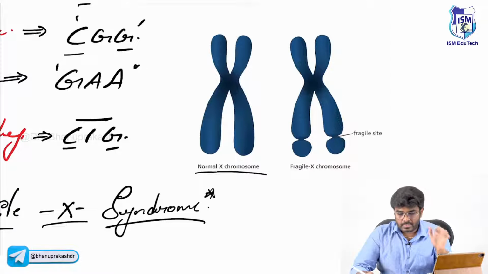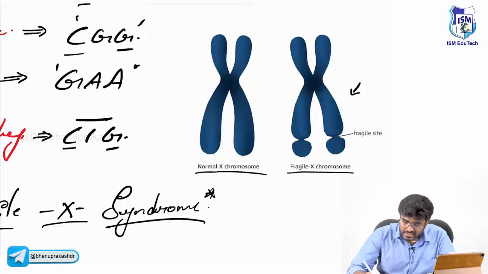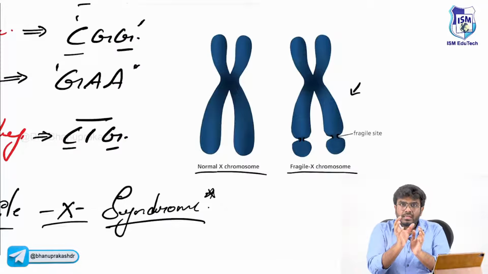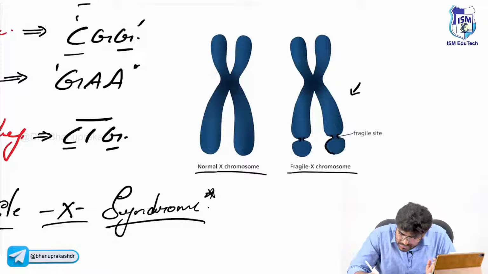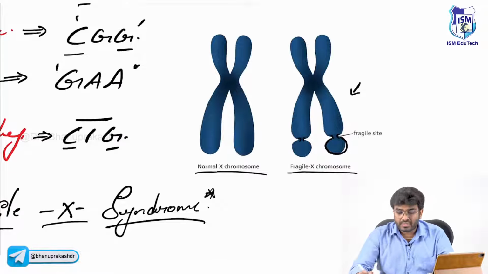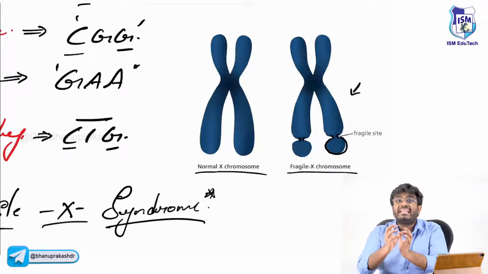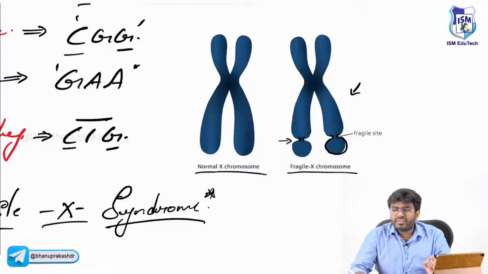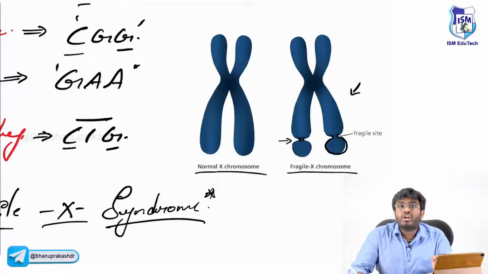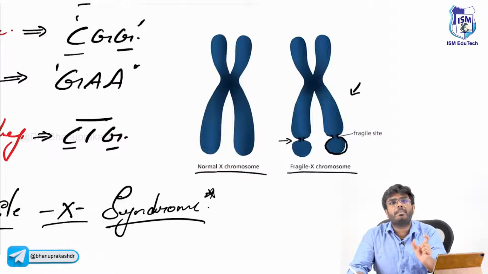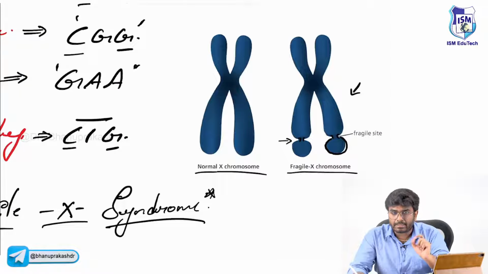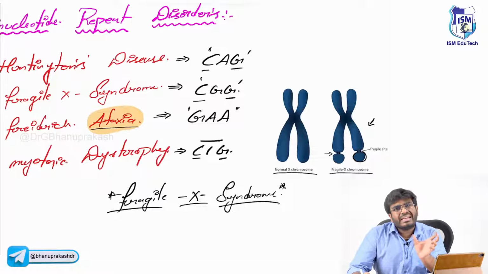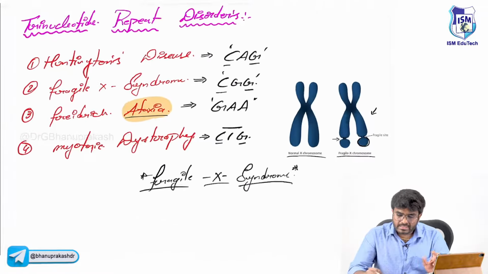Now in Fragile X Syndrome, look here, this part of the X chromosome is falling off, getting separated, detached. It's a very fragile area. Why is that area fragile? That area is not going to take the stain. When you stain that chromosome, that particular part is not going to take a stain, so it looks like a fragile region. So, Fragile X syndrome.